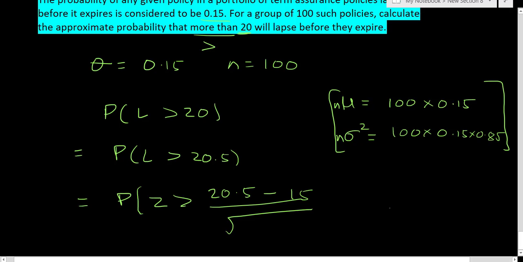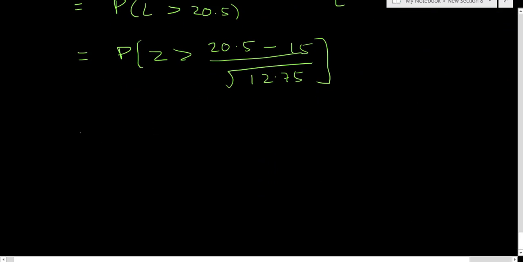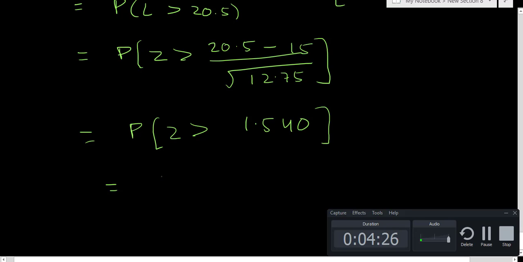So this is the probability that z is greater than 1.54, which is nothing but 1 minus phi of 1.54. This is equal to 0.06178.